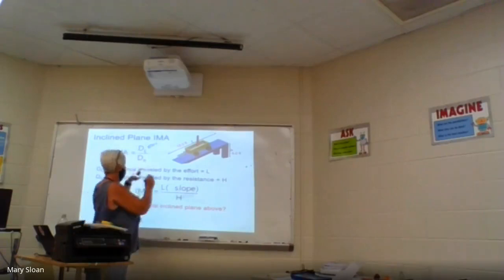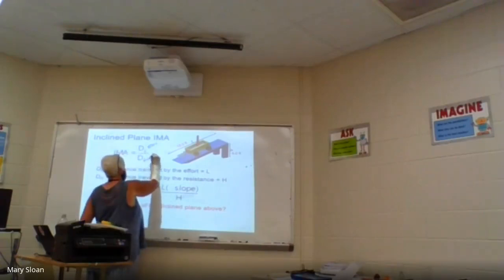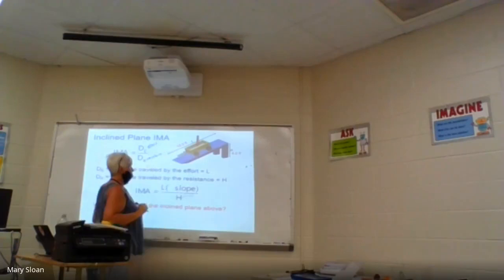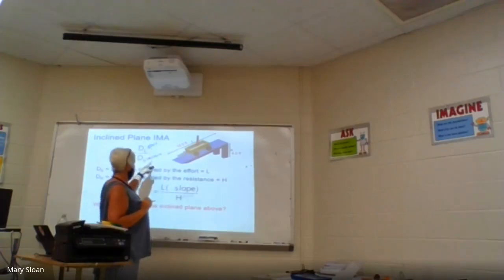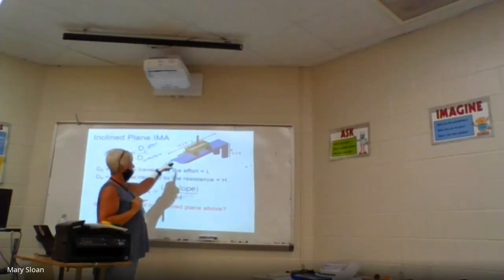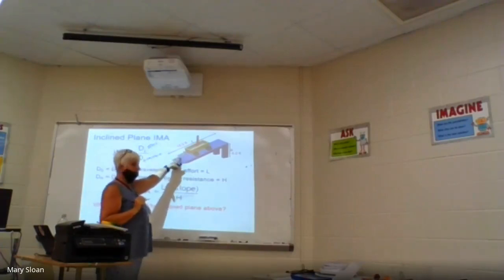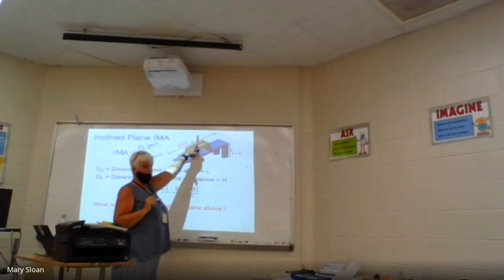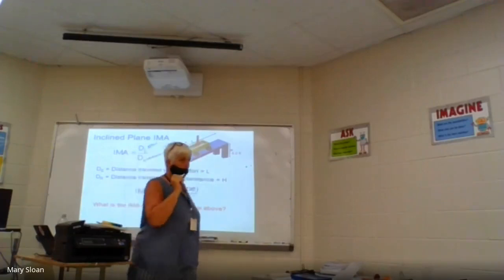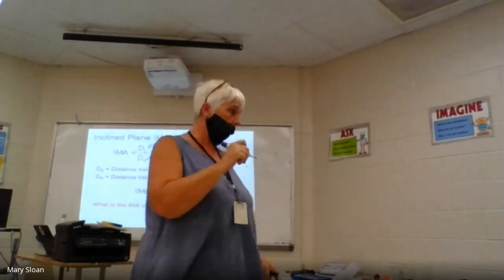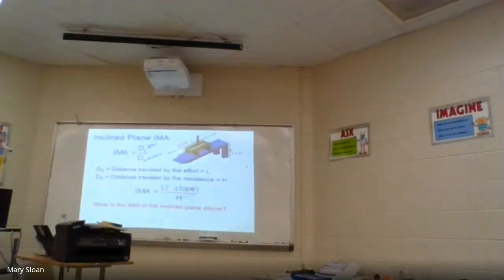Distance traveled by resistance. Okay? How can we find what my effort and my resistance is? Effort's here, resistance is here, right? So using your calculator, open it up and tell me what the IMA of this inclined plane is.